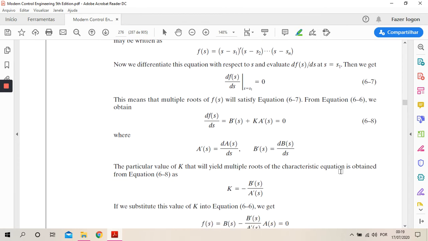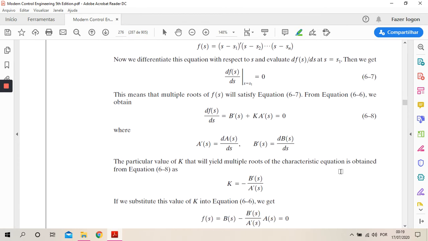And then the book says that we differentiate this equation with respect to s and evaluate the derivative of f of s with respect to s at s equal to s1. Then we get this, and we set it to 0. This means that multiple roots of f of s will satisfy equation 6-7.